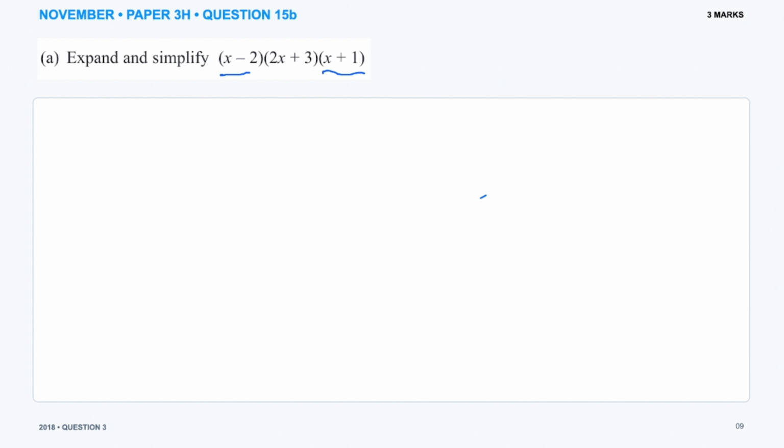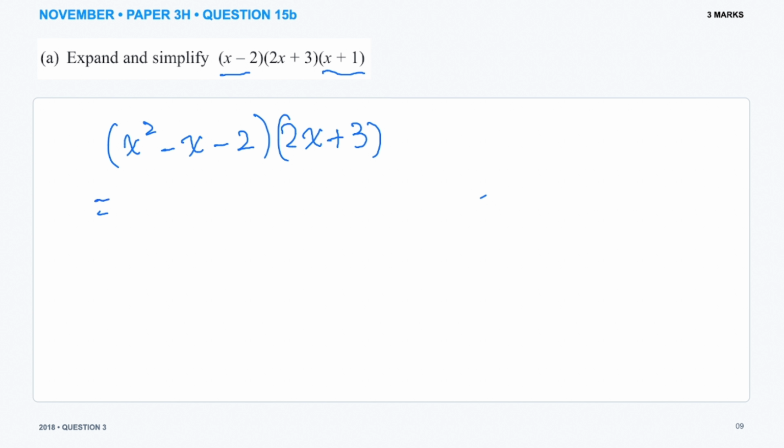Well, x times x is just x squared. Minus 2x plus x makes minus x. And the last one, minus 2 times 1, so minus 2. And that is going to be multiplied by our other bracket, 2x plus 3.